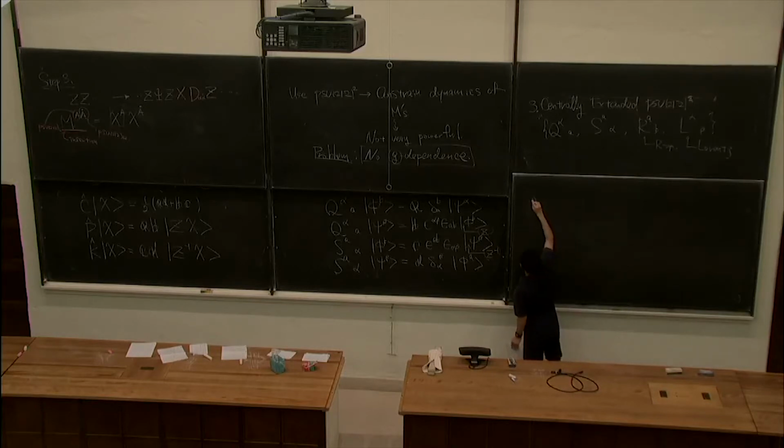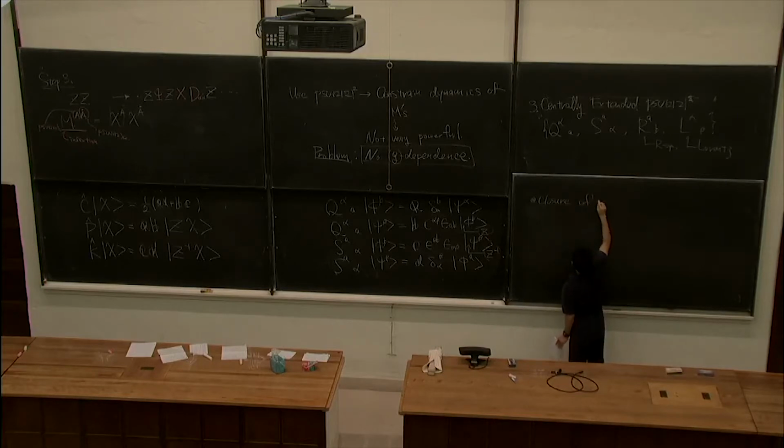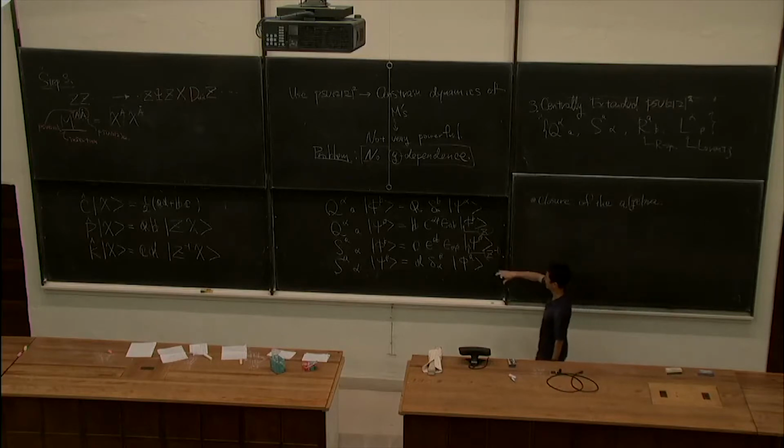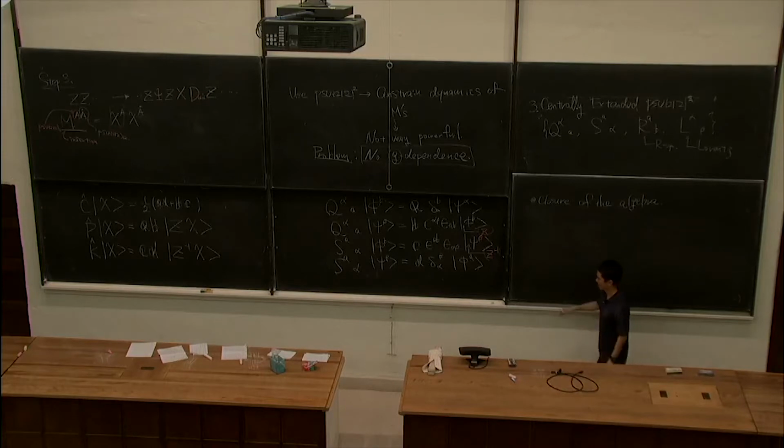In particular, you need to require the closure of the algebra. I'm basically saying that you need to require that this is the correct representation of the full PSU(2|2), because here I only specified the action of Q and S, but you need to make sure that this is really consistent. From that consistency condition, you can show that AD minus BC must be 1.